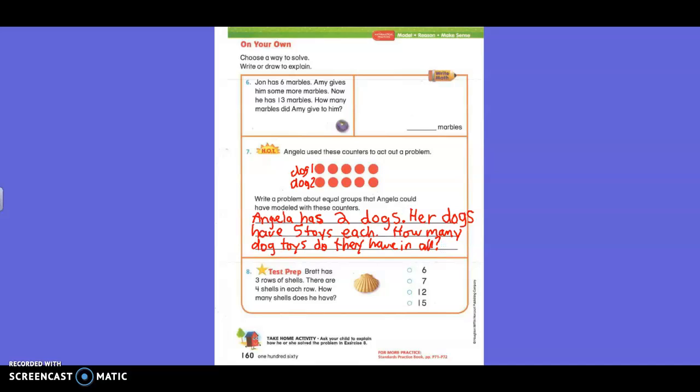And what did you guys say for them to have in all? They had how many in all? 5. No, how many in all? All means all. Yes, so write 10 dog toys. Or 10 toys as the answer.